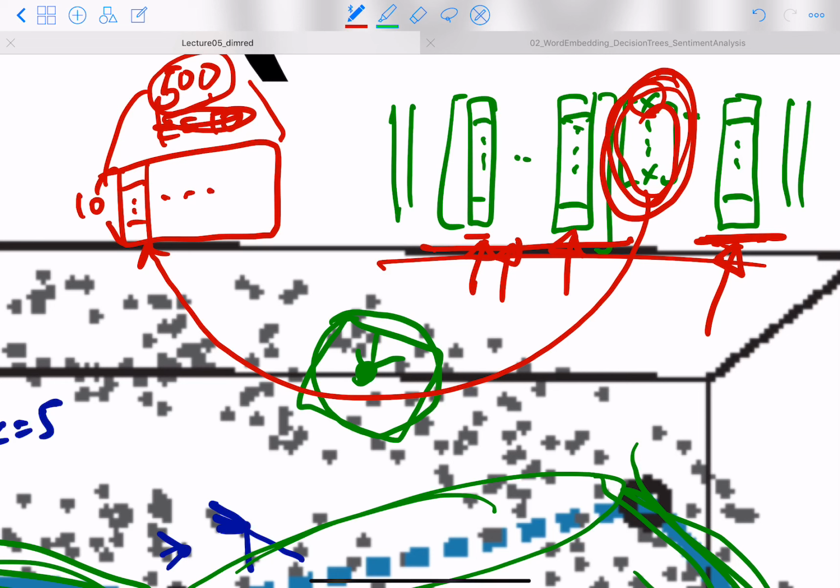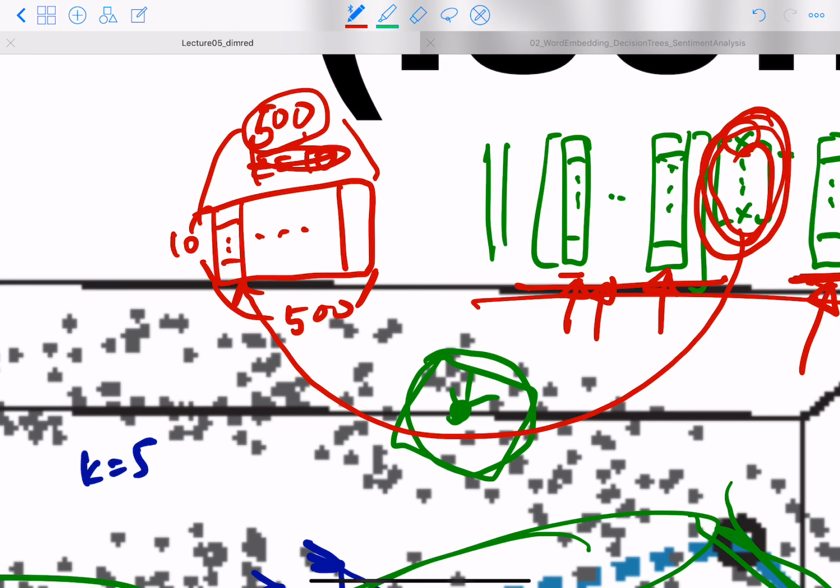Then we obtain this 10 by 500 matrix, right? This value is the coefficient for the first nearest neighbor to reconstruct the first data item. Does it make sense?